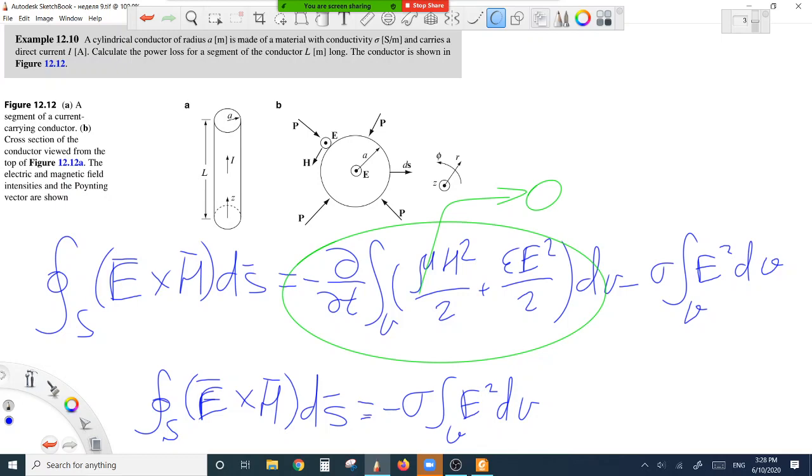Now we can calculate the right hand side, which is exactly Joule's law.